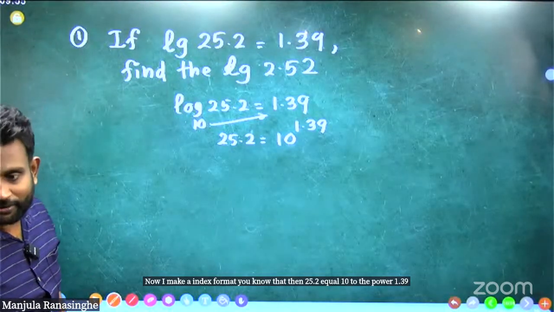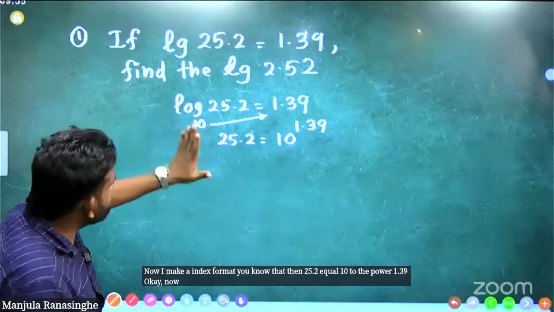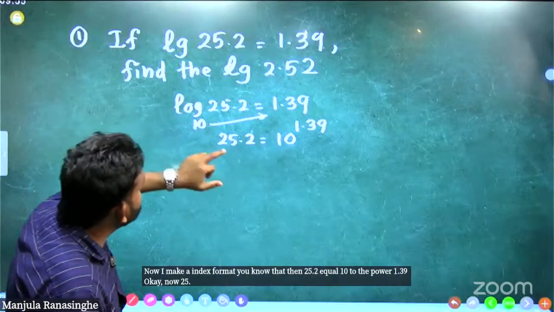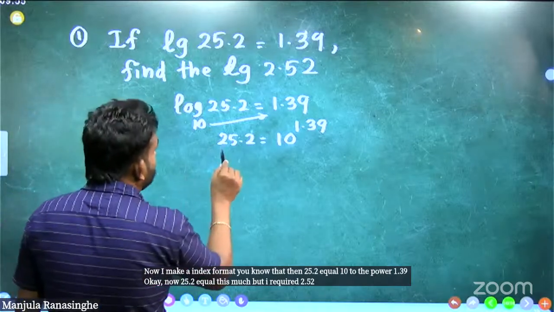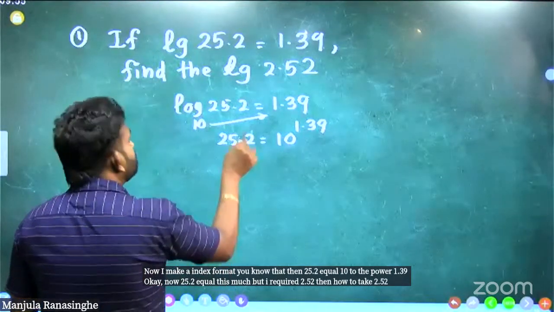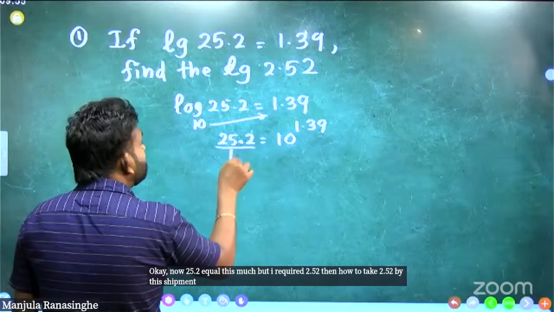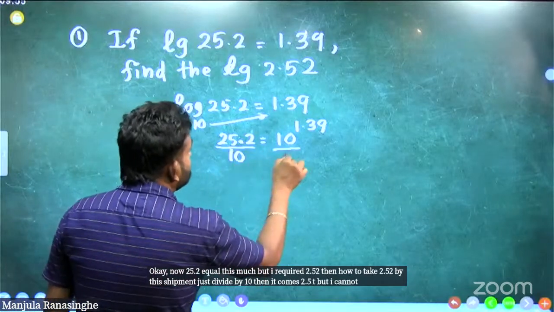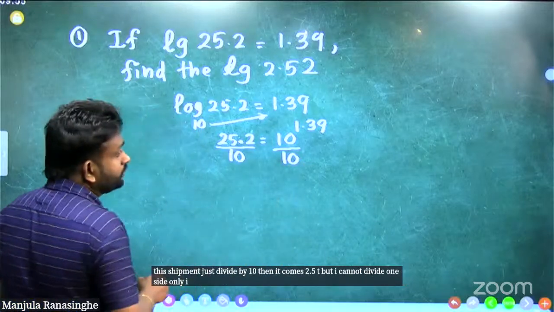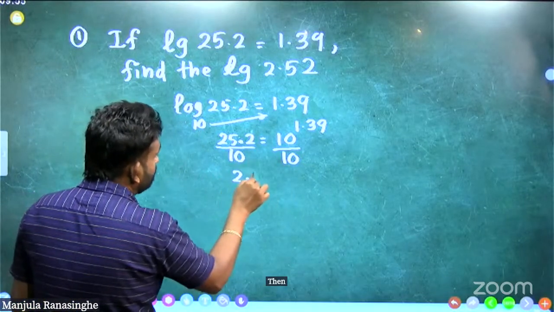But I require 2.52, so just divide by 10. But I cannot divide one side only, so I divide here also, and then it becomes 2.52.